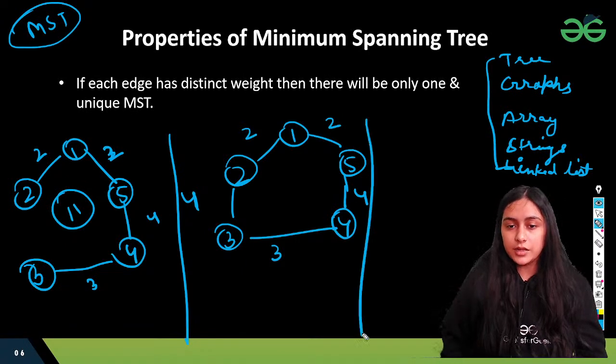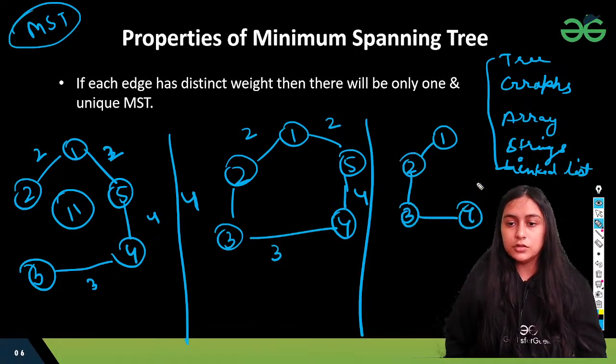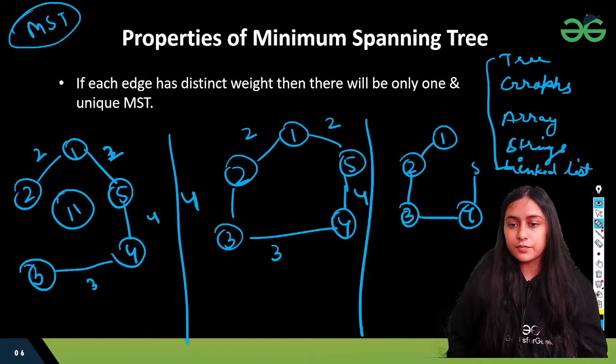And if I'll make another MST, which is something like this: 1, 2, 3, 4, 5. Okay, no, sorry, 5.